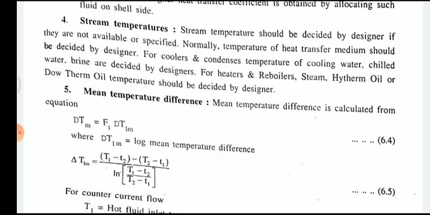So the cooling medium and heating medium is decided by the designer. For heaters and reboilers, steam, Hytherm oil or Dowtherm oil temperature should be decided by the designer.